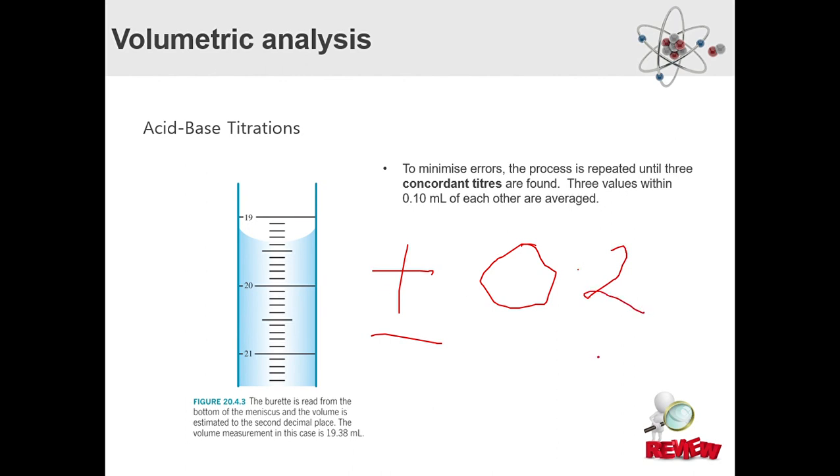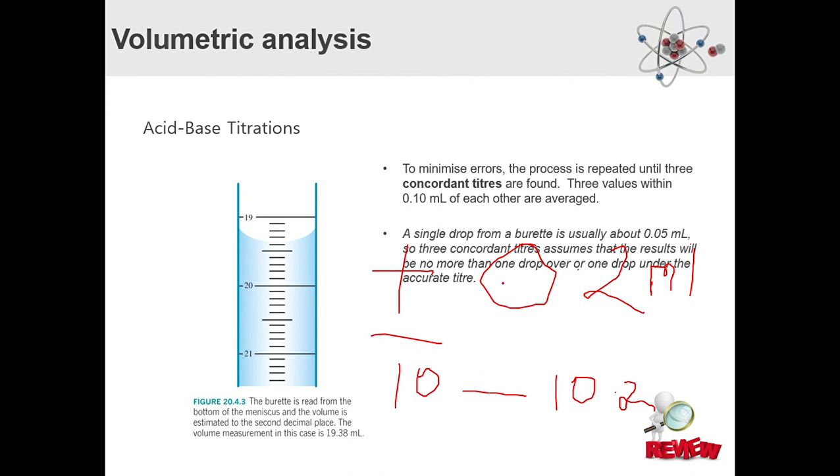So if you got 3 values within 10 and 10.2, they are concordant. You have a range of 0.2 mils. This changes depending on who you ask, but if you stick with 0.2, it's very hard to screw up. A single drop is about 0.05 mils, so yeah.